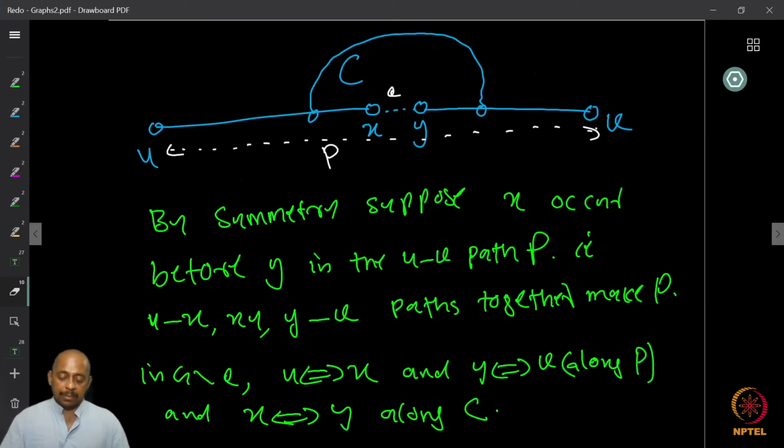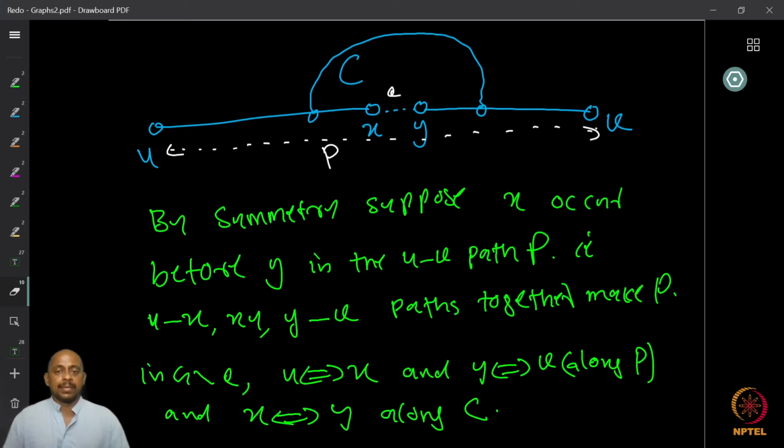If e is part of the path, then the uv path must go through the edge e. So I have a u to x path, then the edge xy, and then a y to v path. Or it can be u to y, then y to x, and x to v. But because of symmetry, I can assume one of these. So I can say that in the uv path, x appears before y.